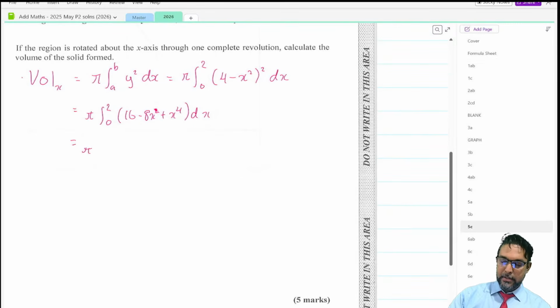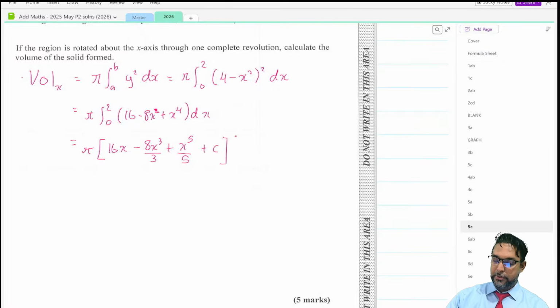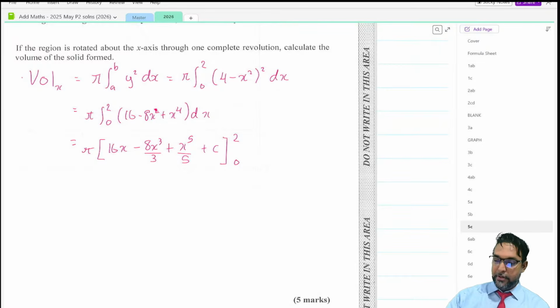When we actually do the integration, we have 16x minus 8x cubed over 3 plus x to the power 5 over 5, plus c, between 2 and 0. The 0 doesn't really count because it cancels, and the constant cancels out as well. So all we're really doing is subbing in the 2.